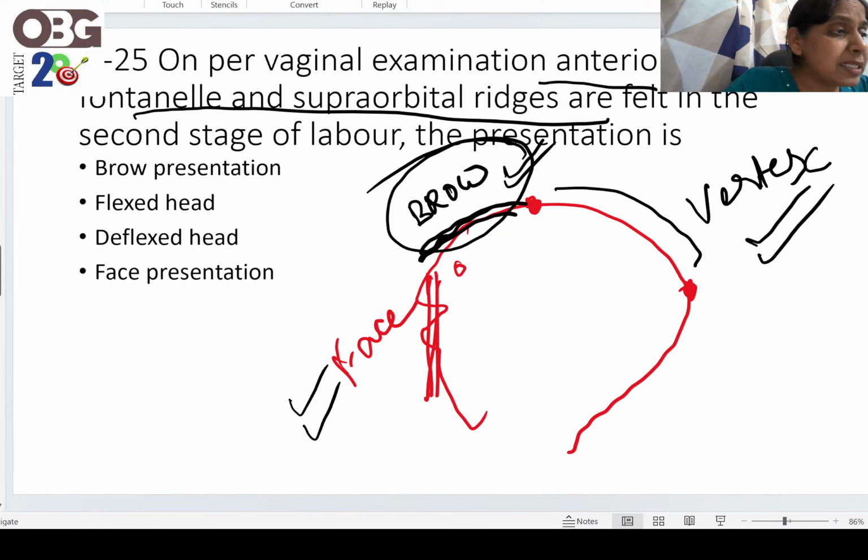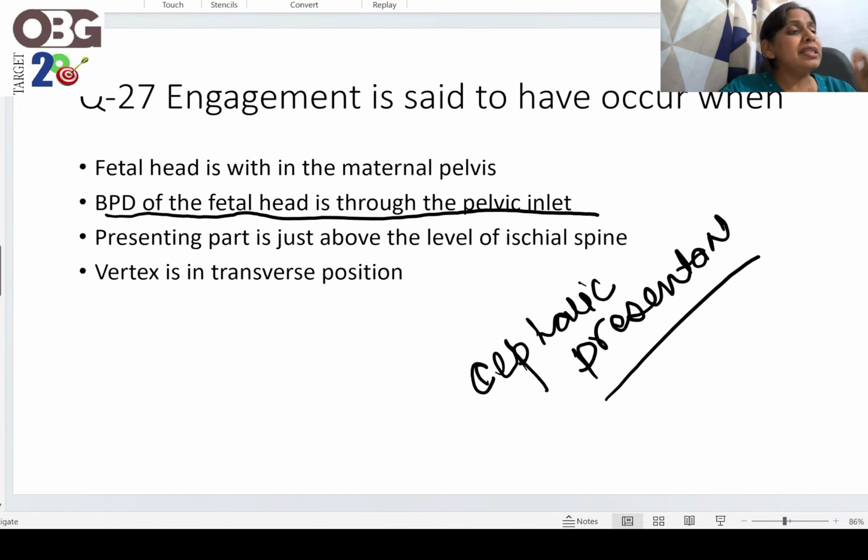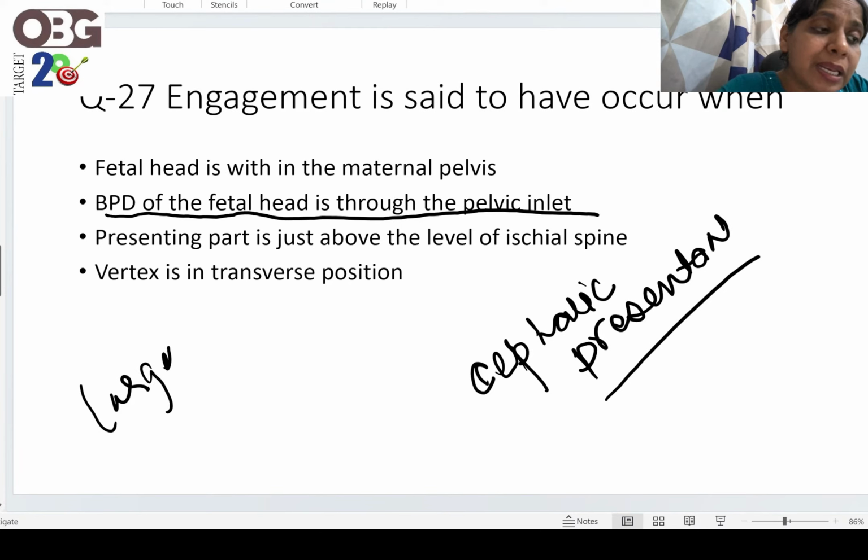But the transverse diameter will be the same in all. So in the cephalic presentation, engagement is when the biparietal diameter, the largest transverse diameter. Rohit Kumar, beta, please mark it correct. It is the largest transverse diameter.